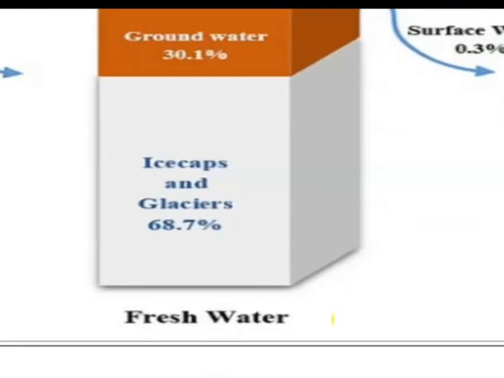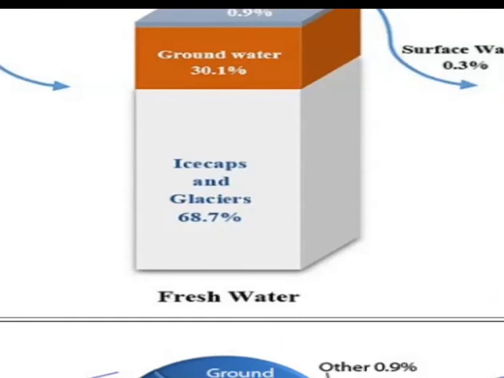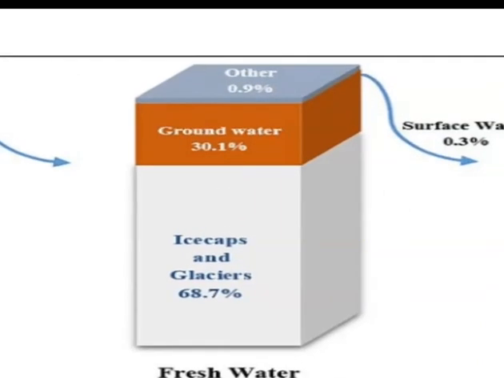68.7% of water is held in the form of ice caps or glaciers, groundwater is 30.1%, 0.9% is in other forms, and only 0.3% of water is available in the form of surface water.